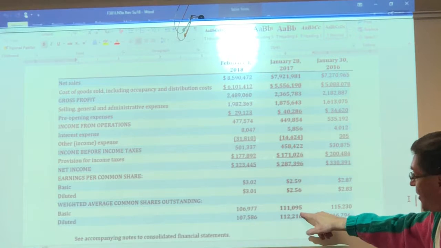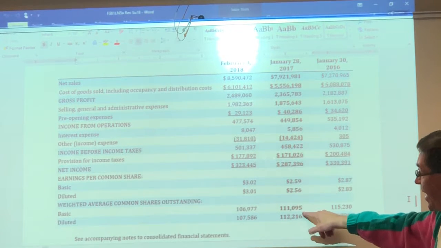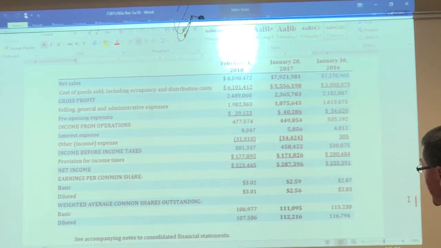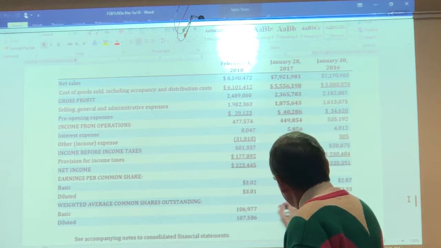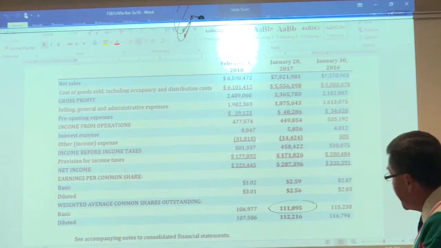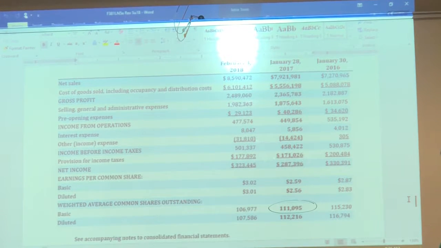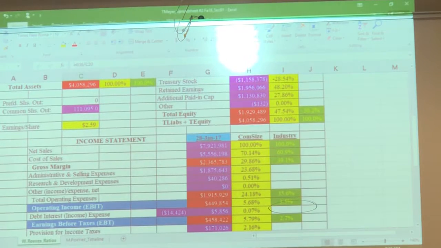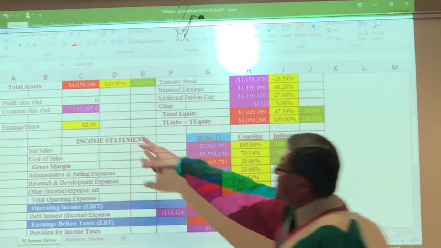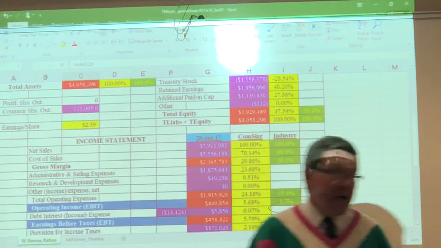And then down here, it's going to show the weighted average common shares outstanding. And so 111,095 is the number of shares outstanding that we just used in the spreadsheet. So that's this number here, and that's where it came from.